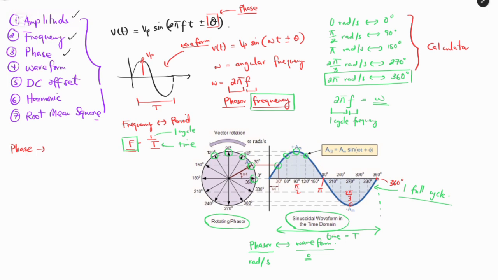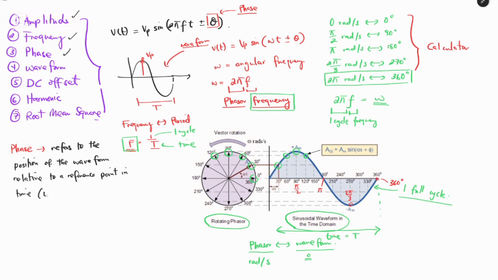So what is a phase in an AC signal? We can now define the phase of an AC signal as the position of the waveform relative to a reference point in time.